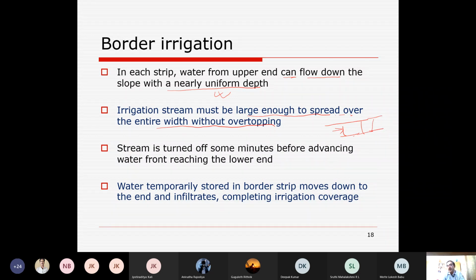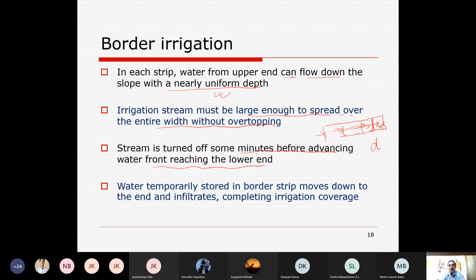If we need a little bit more water to cover the depth d, otherwise here only we can stop the supply of water, so that whatever water is stored here can cover the last part of this strip.